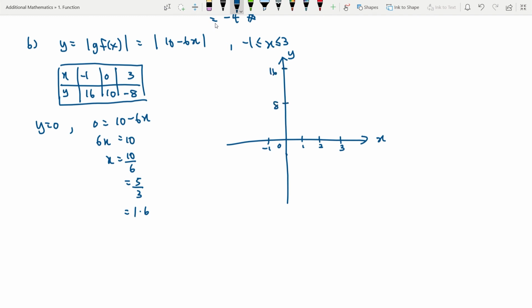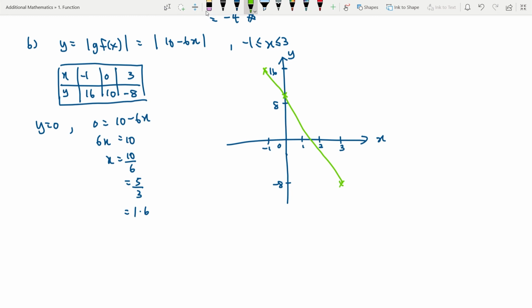This is 8. This will be -8. -1, 16. 0, 10. 10 is somewhere over here. And 3, we have -8. So this is how the graph looks for y equal to 10 minus 6x without the modulus.